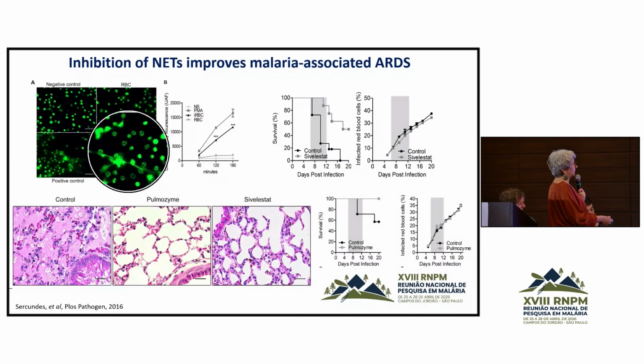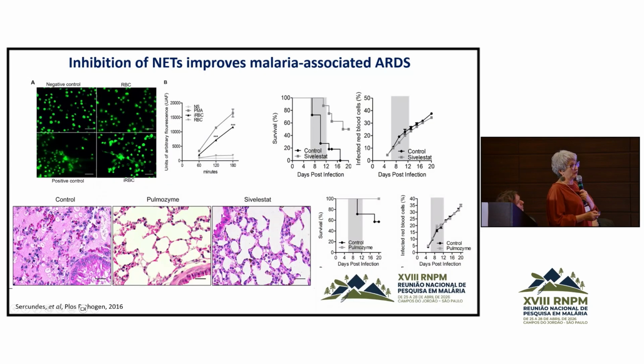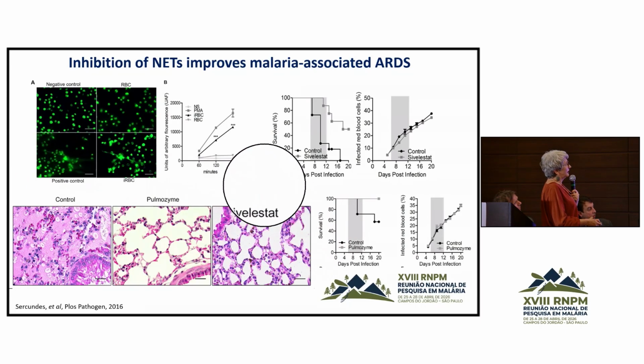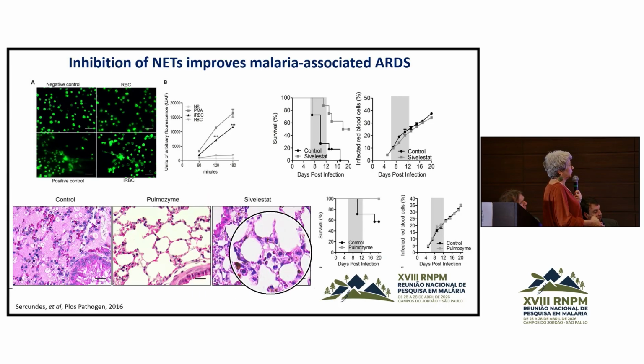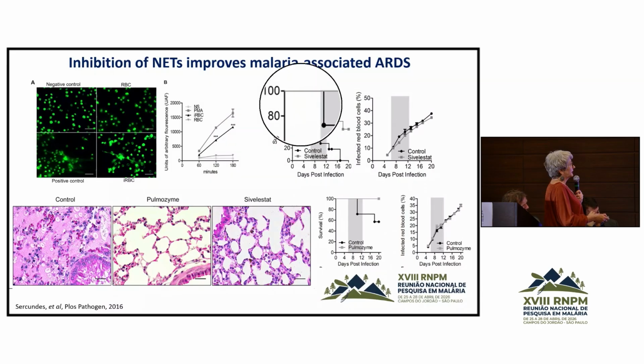So they promote the formation of these NETs in in vivo and in vitro models, and when we inhibit this formation of the neutrophils, using sivelestat, which is an elastase inhibitor, or dornase, which is a drug used, we were able to revert the ARDS case.